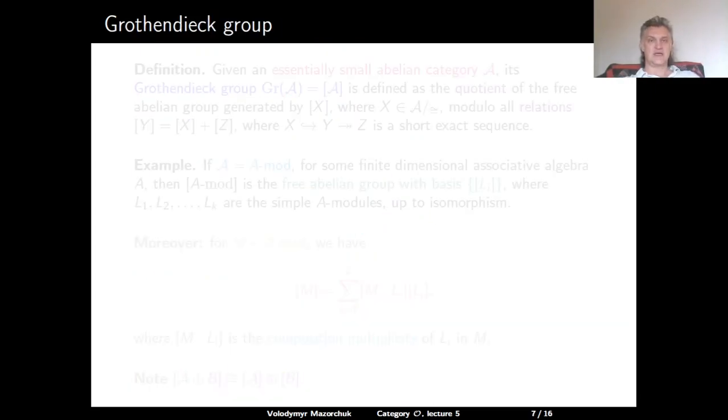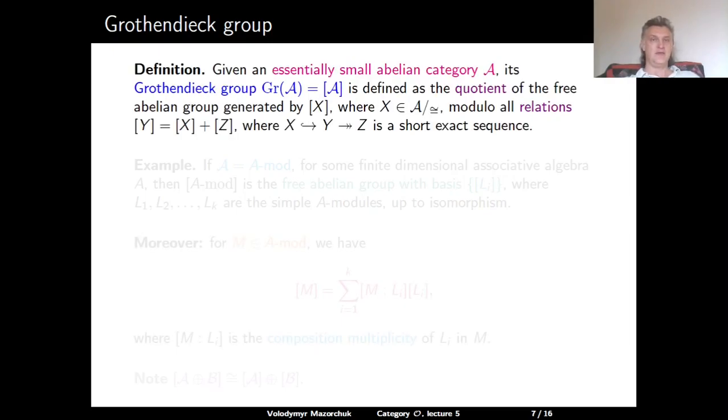So let us now discuss a little bit the notion of the Grothendieck group. Given an essentially small abelian category A, the Grothendieck group of this abelian category is the quotient of the free abelian group generated by the isomorphism classes of objects in this category A. So since A is essentially small, the isomorphism classes of objects form a set.